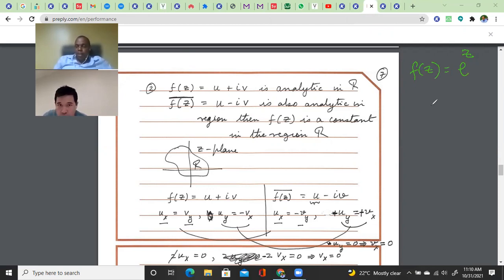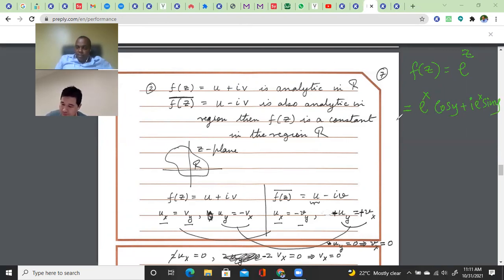And when we opened it up, with x plus iy, it became e^x cos(y) plus i e^x sin(y).